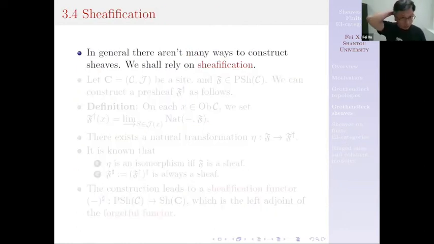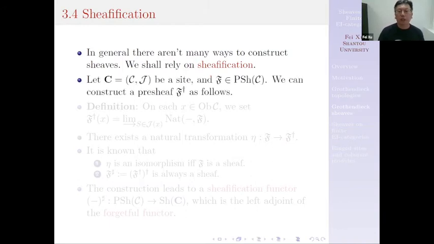Let's now recall the definition of sheafification. Basically, whenever you have a presheaf, you can do the sheafification to get a sheaf. And the definition is given by some limit. Usually you do this in 2 steps. Given a site and a presheaf F, we first construct another presheaf.